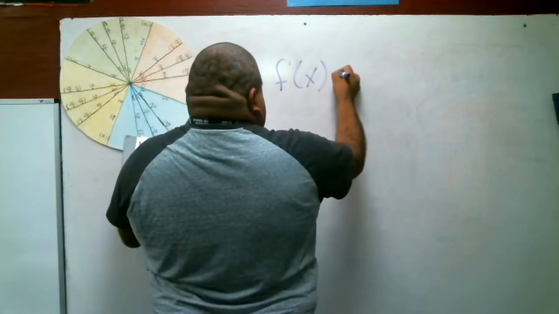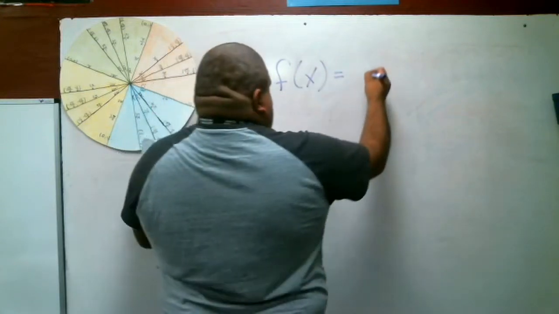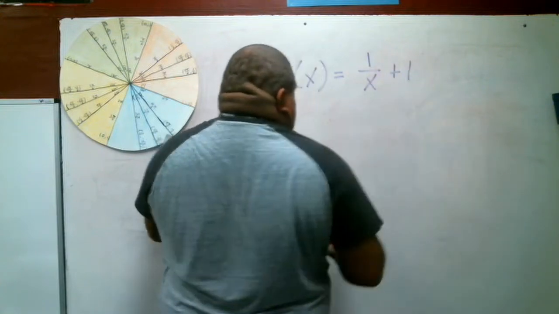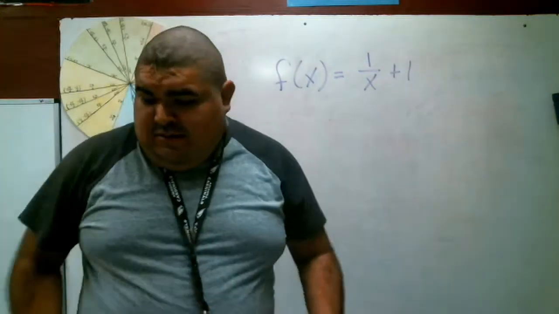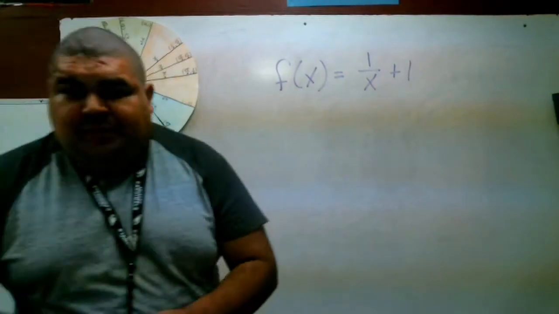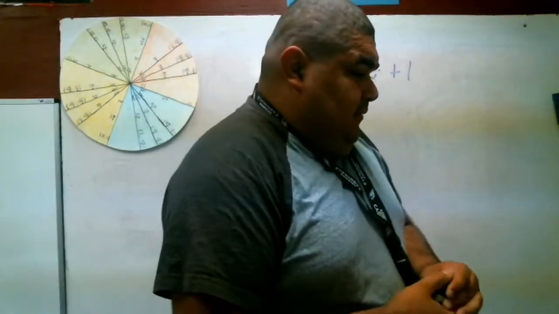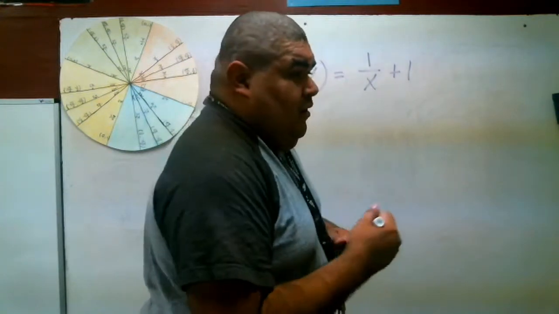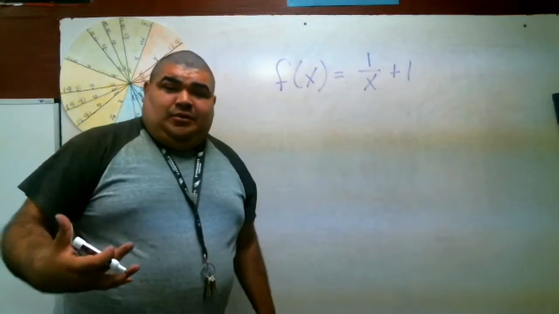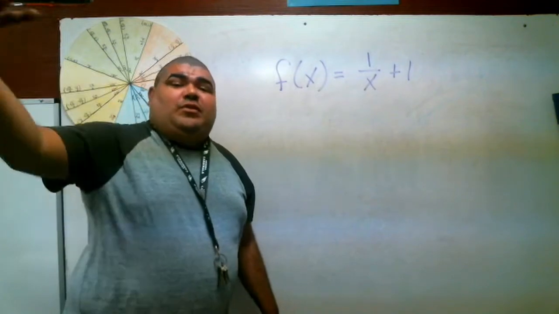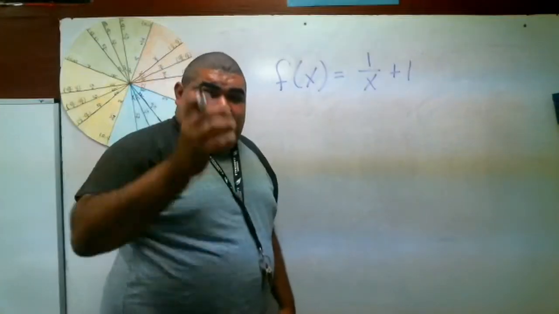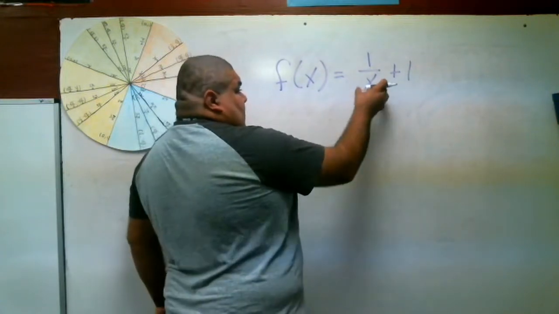The problem we're going to deal with today is f of x equals 1 over x plus 1. If you remember, in order to find our vertical asymptote, the bottom has to be equal to 0.